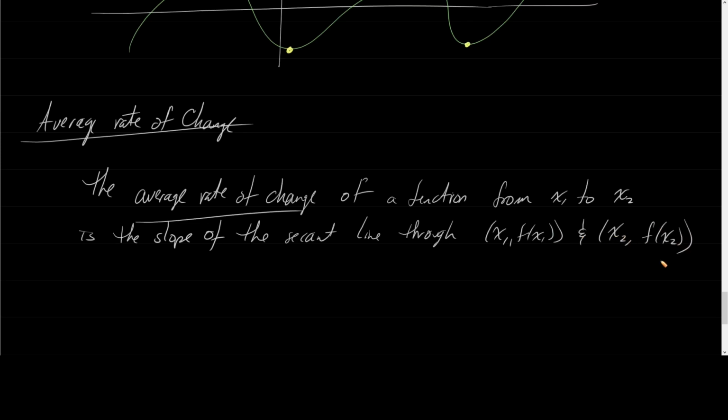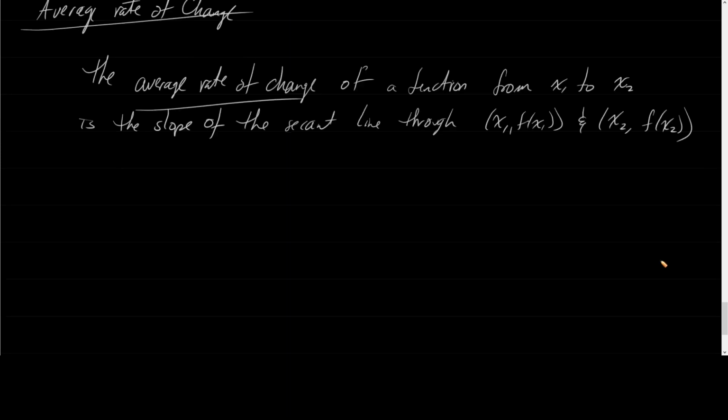So the slope of the secant line through the two points on a function is the average rate of change. What do I mean by that?